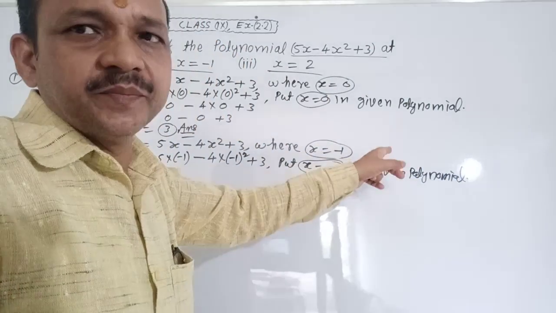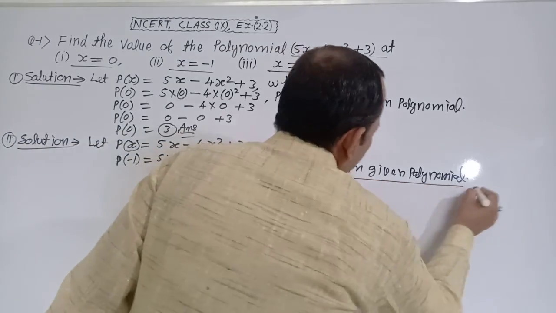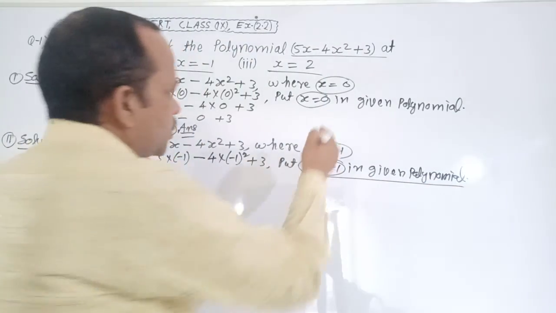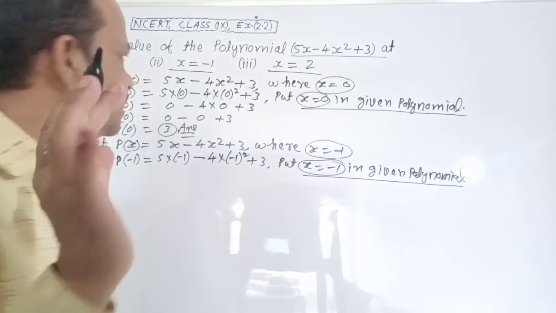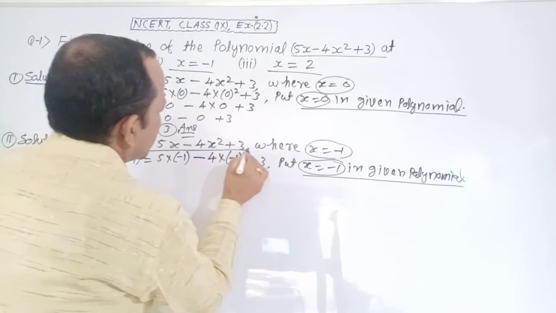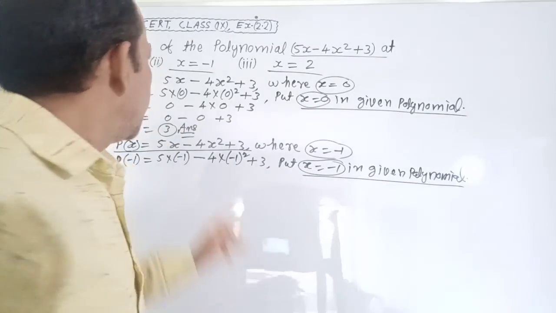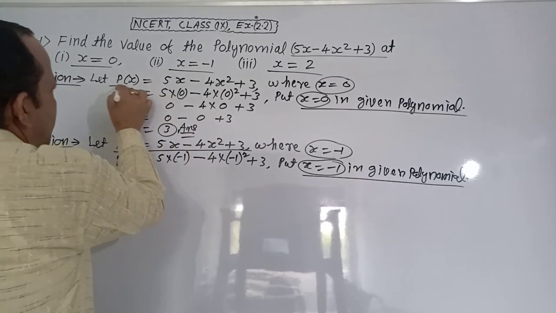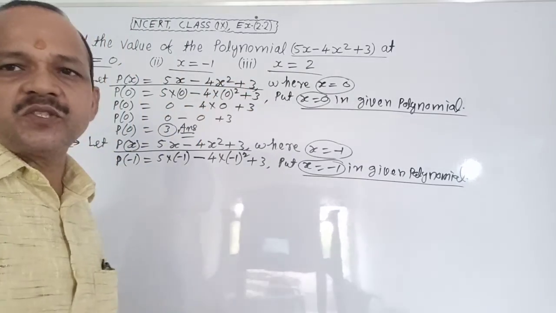It is clear? No confusion about it. Put x equal to minus 1 in the given polynomial. Given polynomial is P(x) equals 5x minus 4x square plus 3. Clear?